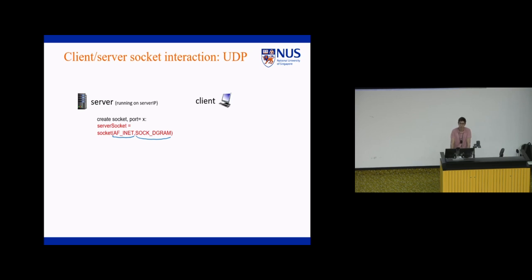So for TCP, we would have a different thing here. What this means is that it is instantiating a socket object with the name serverSocket with these attributes, AF_INET and SOCK_DGRAM.